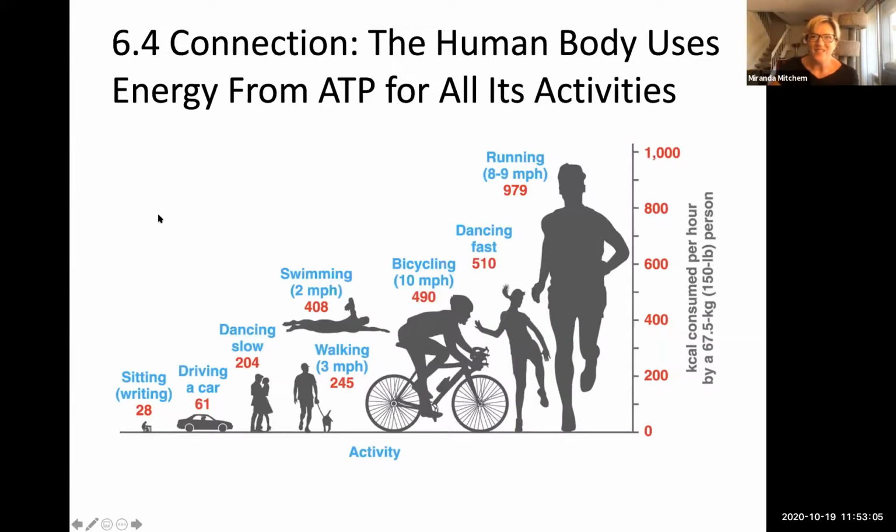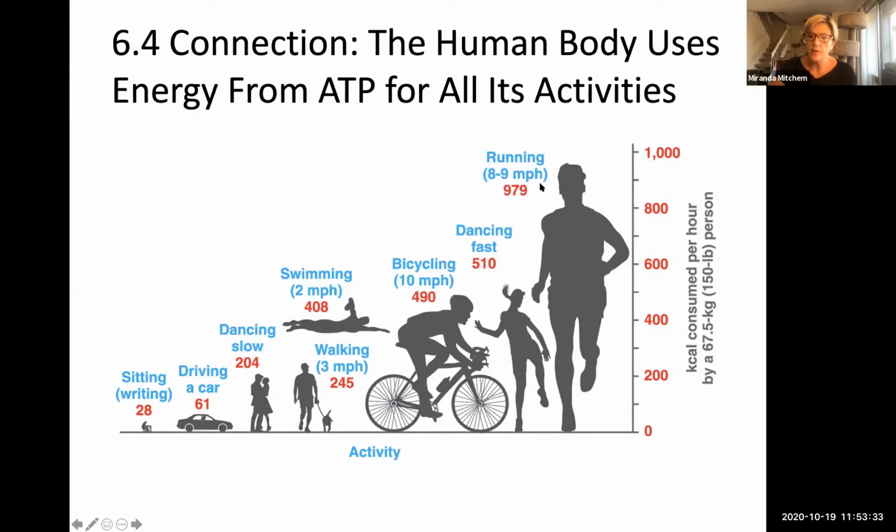All right, so let's look at some of the different physical activities in terms of the amount of energy in kilocalories that are utilized to perform these activities. So me just sitting here is using about 28 kilocalories, but swimming is 408. Walking at 3 miles per hour is about 245.